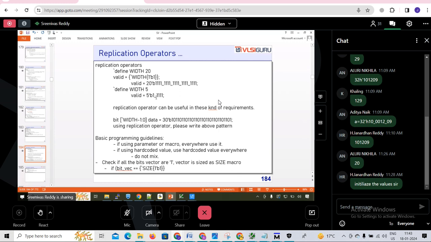Here width gets 1 gets replicated 5 times. So the replication operator can be useful in this kind of requirements.